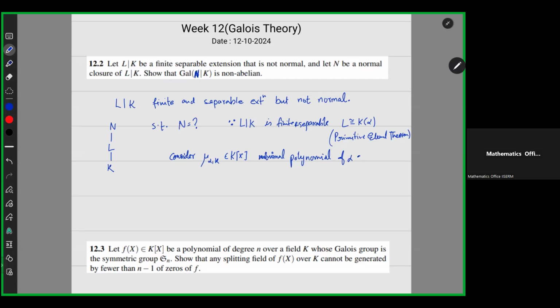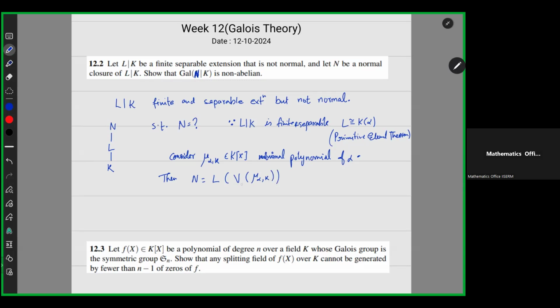Now we want to attach all its roots inside L. Then what is N? N is nothing but L with all the roots of this mu_alpha,K attached.